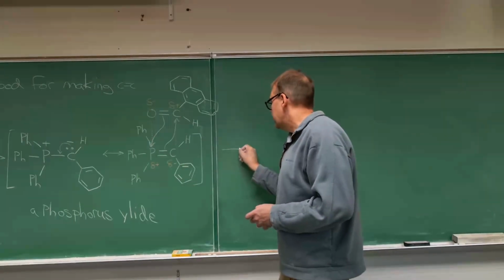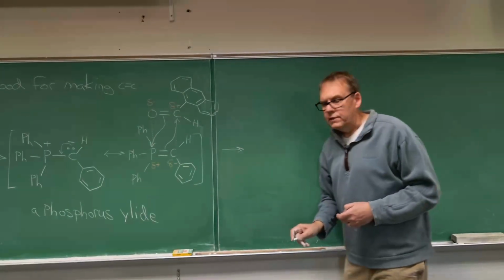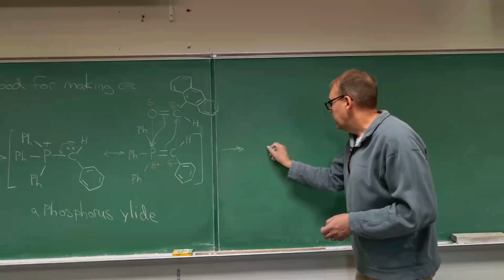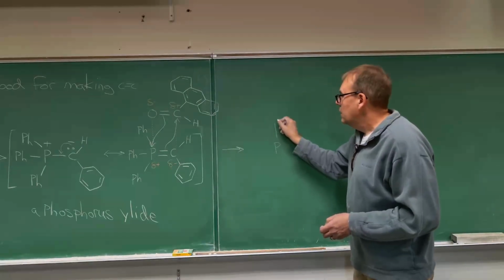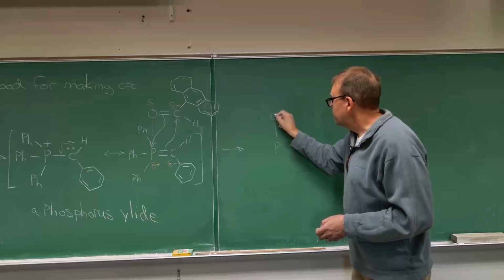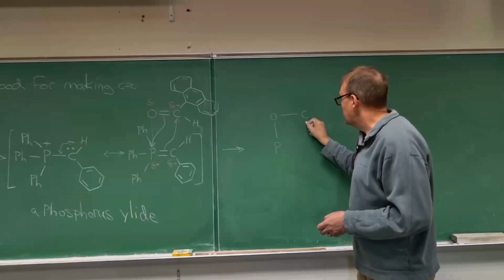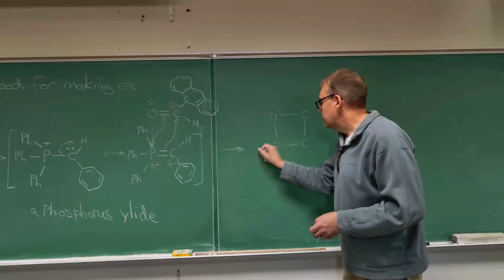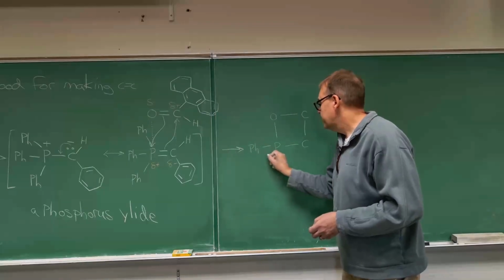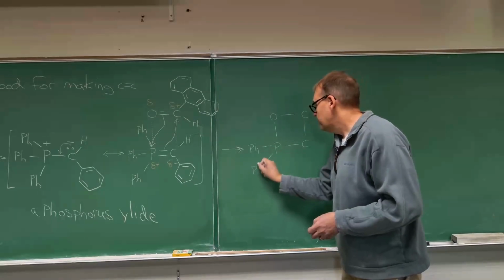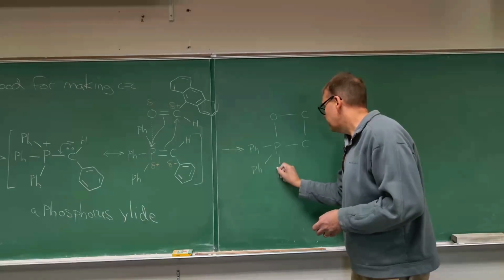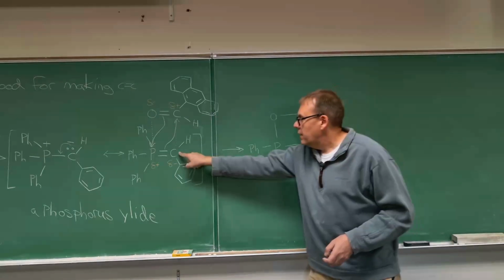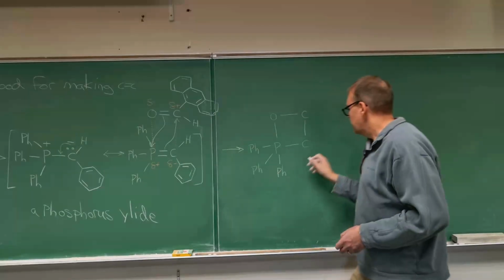And what you get out of this is a new species. It's an intermediate where we've made a ring. So we have an oxygen-phosphorus bond, and there's a carbon here, and there's a carbon here, and a bond there. The phosphorus still has its 3 phenyl groups. The carbon that was part of the ylide structure still has its groups.